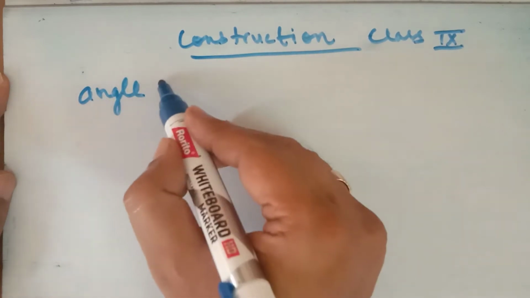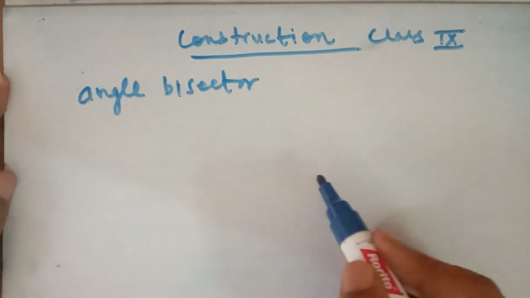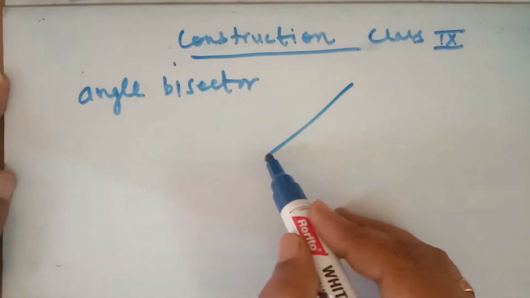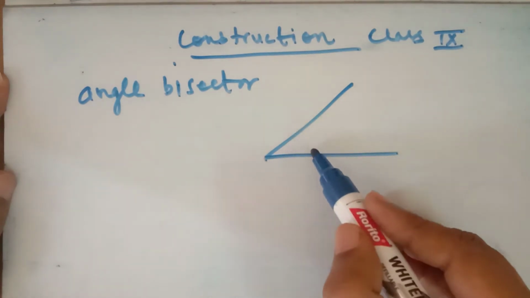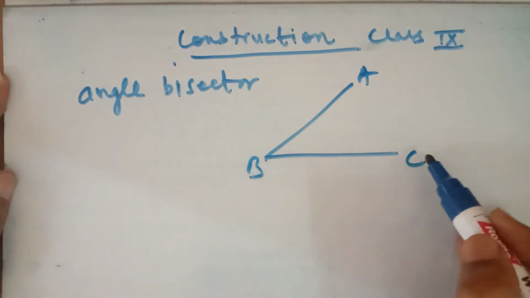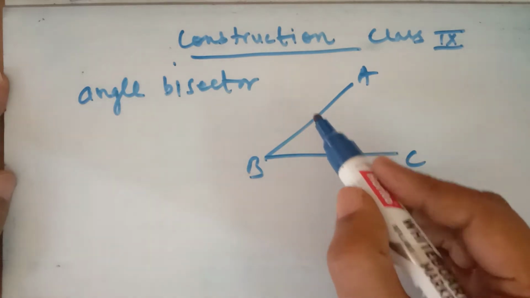Now, how do we draw the angle bisector by using the compass and scale? First, what is the meaning of angle bisector? Angle bisector is the line segment which divides the angle into two equal parts. Suppose we have this angle ABC, and the angle bisector means to divide this angle into two equal parts. So how do we divide it?